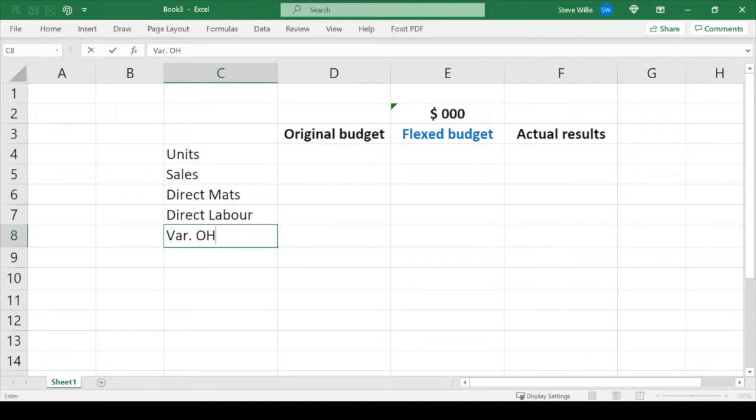So subtracting my total variable costs from my total revenue will give me a contribution line. From contribution, we will subtract the fixed overheads and arrive at the profit for the period. Take a moment to catch up and write all of that down.